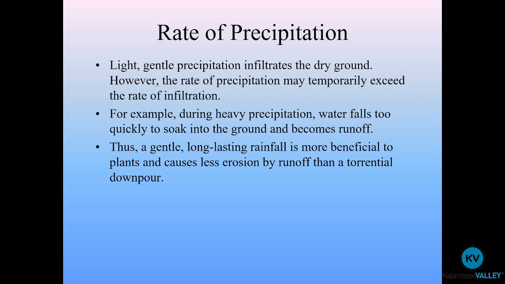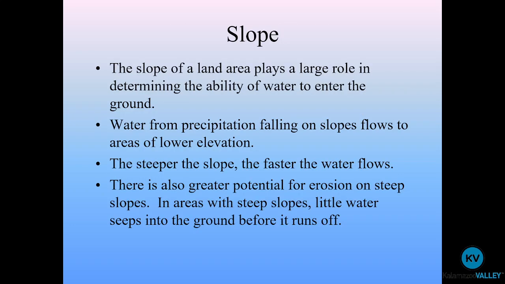But if you're having more droplets, then all of those pore spaces will become filled. It takes longer for it to infiltrate deeper and for those pore spaces to open back up. So if those spaces are already occupied by fluid, then any additional water is going to flow off the surface, adding to the total runoff.